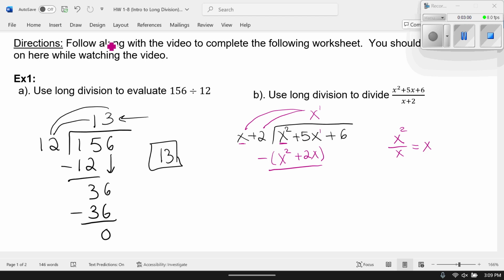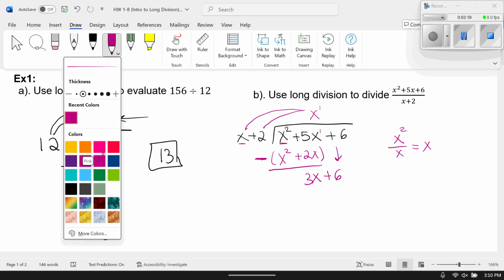So when you subtract, x squared minus x squared is 0. 5x minus 2x is 3x. You're going to bring down the next term. And we're going to repeat the process.